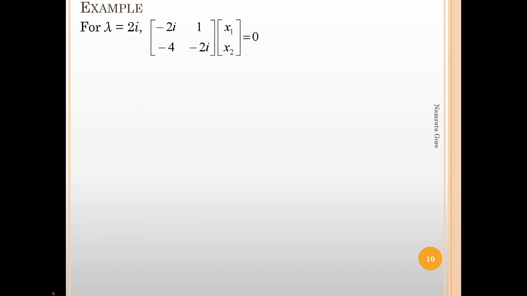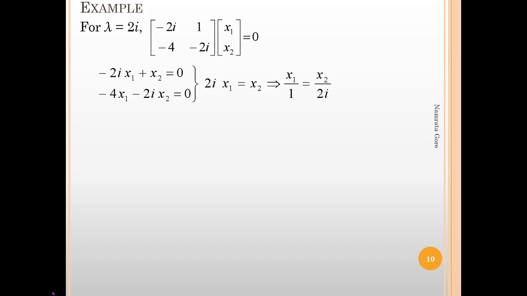So substituting lambda equal to 2i, the equation becomes minus 2i x1 plus x2 equal to 0 and minus 4x1 minus 2i x2 equal to 0. For simplification, let us divide the second equation by minus 2i so that the coefficient of x2 becomes 1.